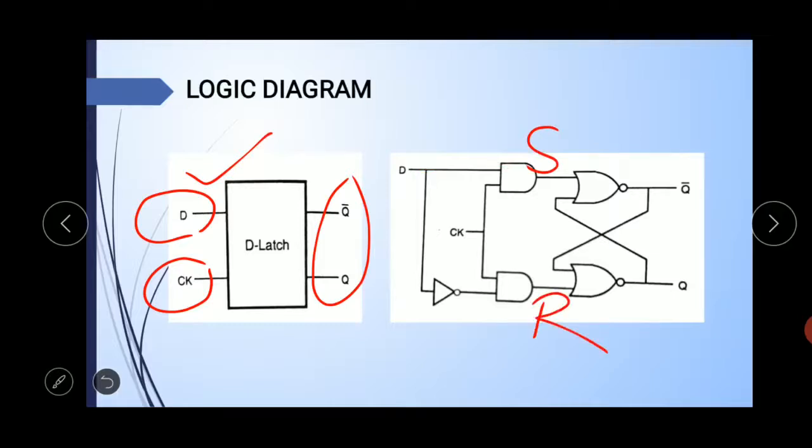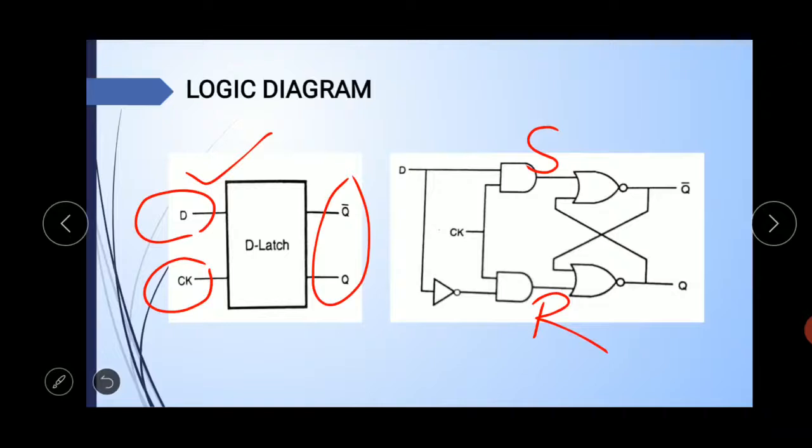The input variable D is also inverted and connected to the R input of the latch. So here it is inverted. The output Q assumes the value of the input D when the clock is active.